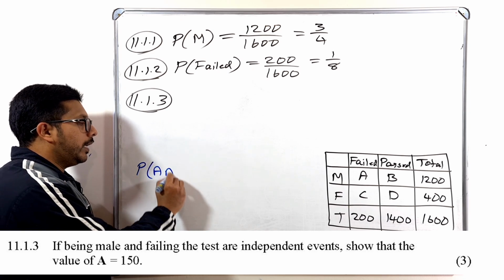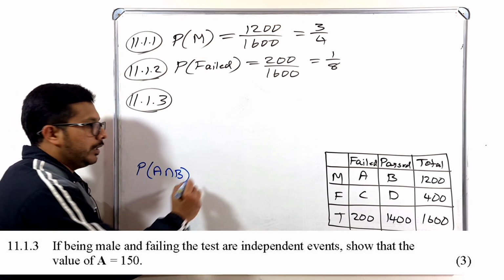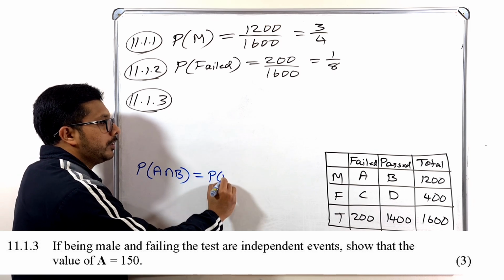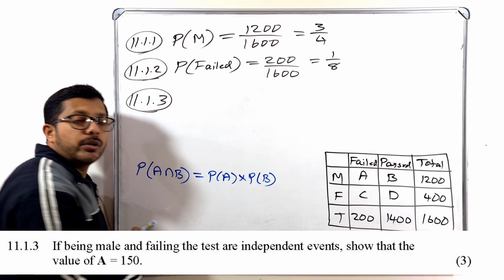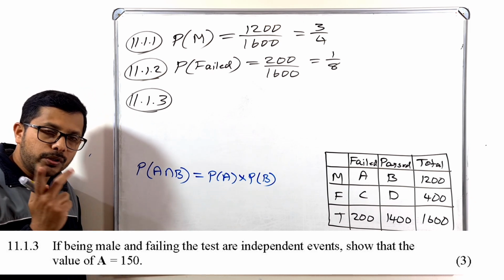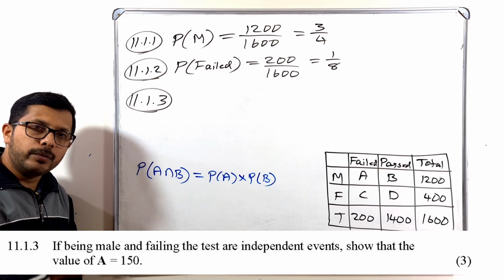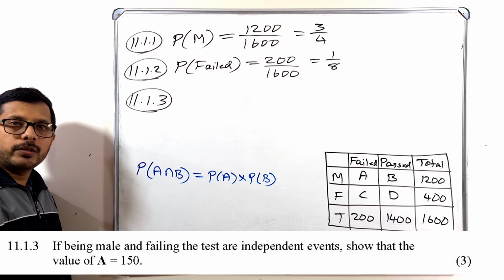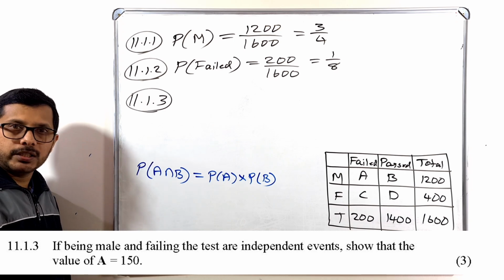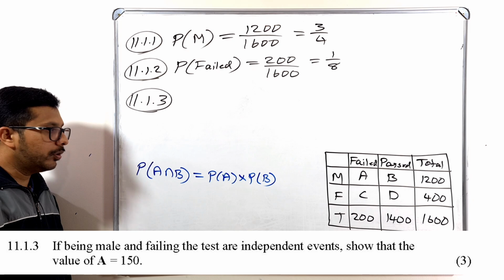Probability of A intersection B is equal to probability of A times probability of B. You have to remember this one. Don't forget that.